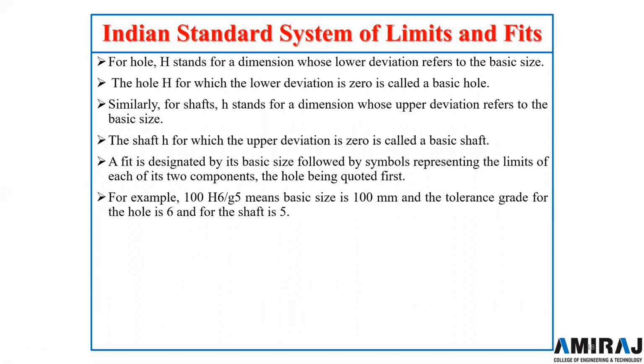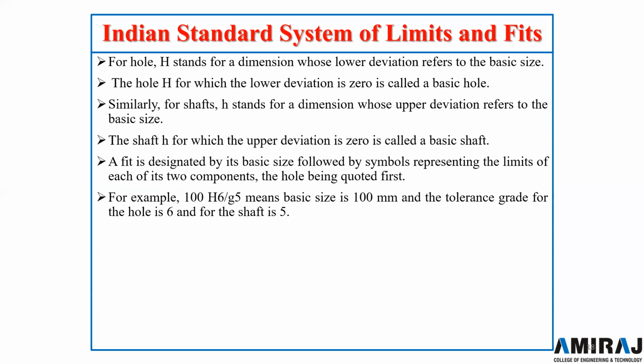Now for the hole, capital H stands for a dimension whose lower deviation refers to the basic size. The hole capital H for which the lower deviation is 0 is called the basic hole.